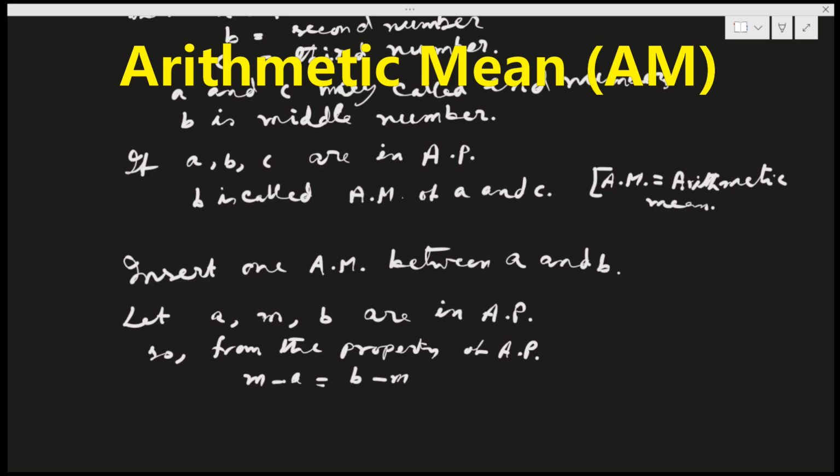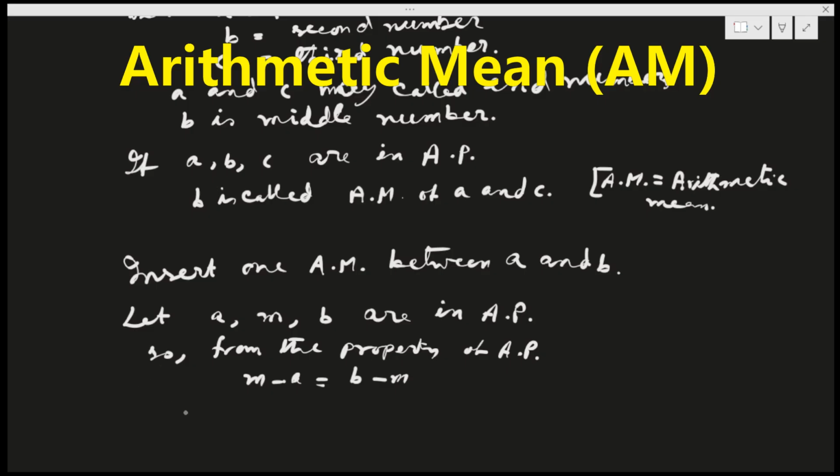Here second term minus first term, and this is third term minus second term, and all common differences are equal.